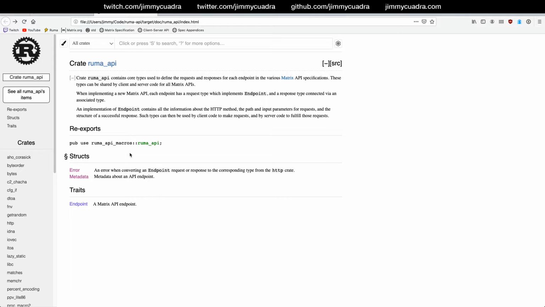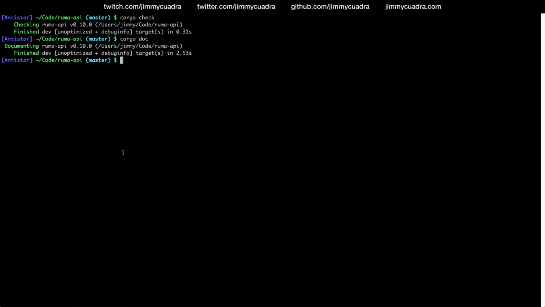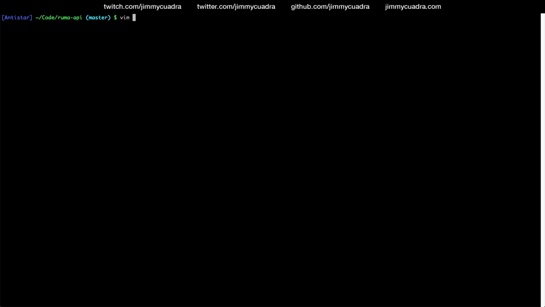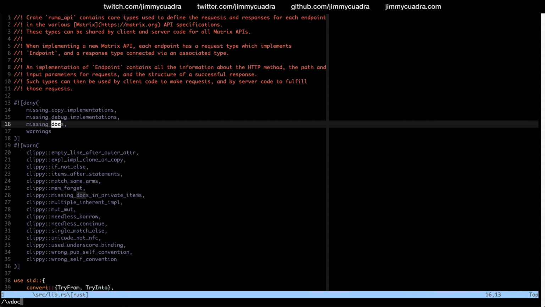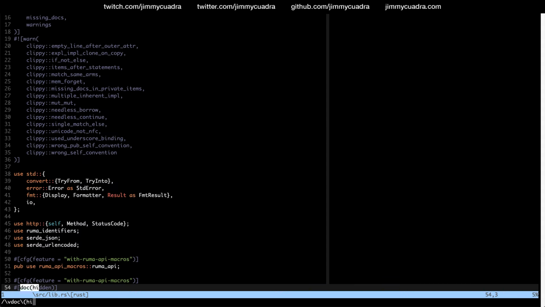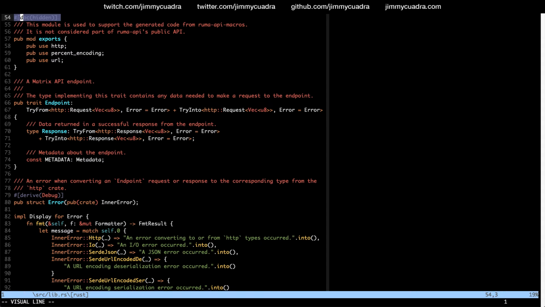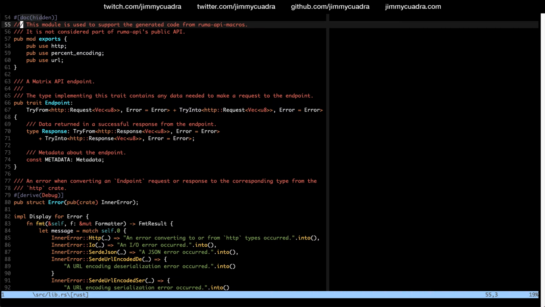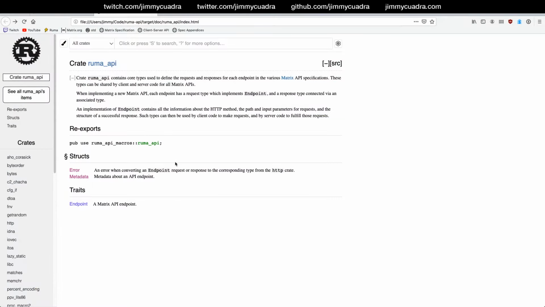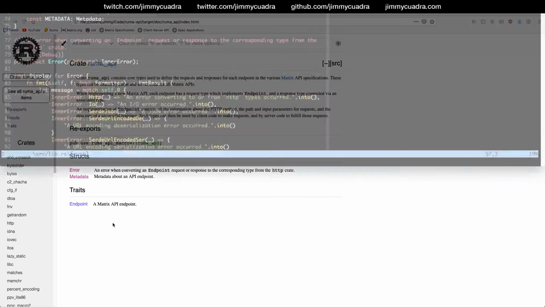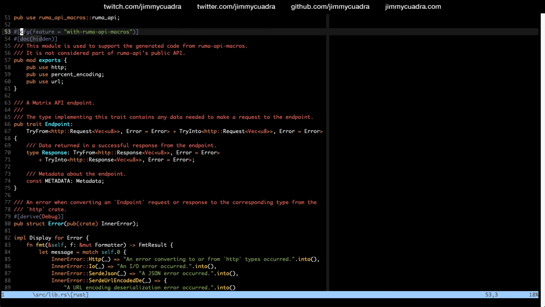And as we noted on the last screencast, let me go back over here, src/lib.rs, doc hidden, yep. Because I have this doc hidden attribute, this module, even though it's public, does not appear in the documentation. So it's kind of a hacky way to do what is essentially a private API, but needs to be public because it's going to be accessed across crates.